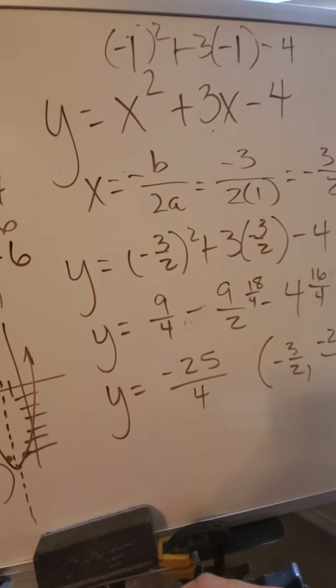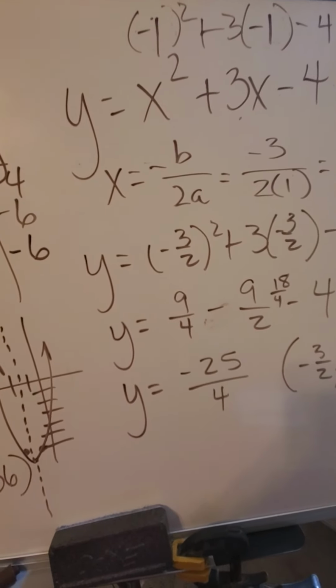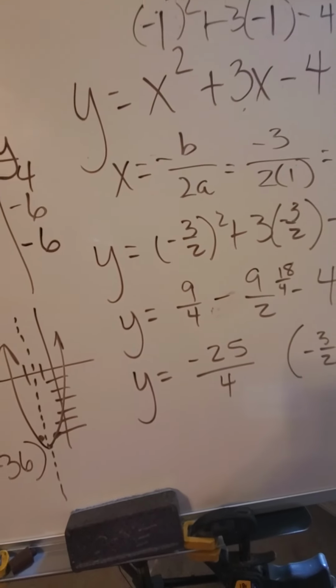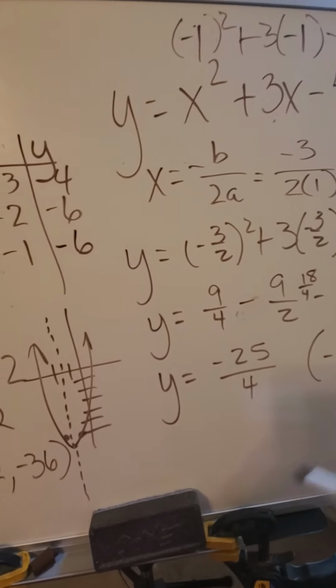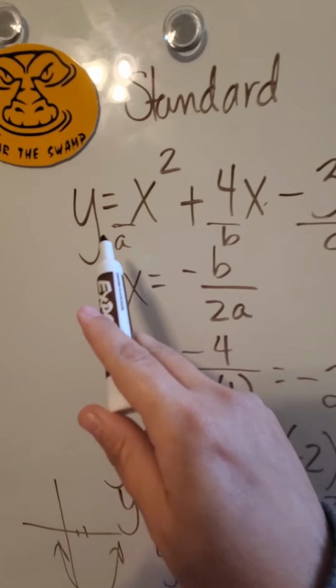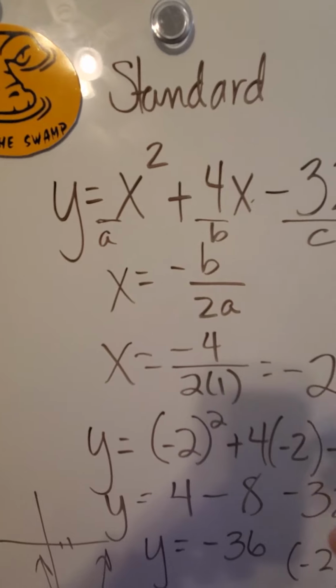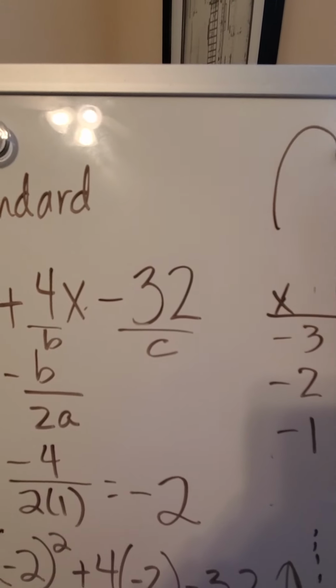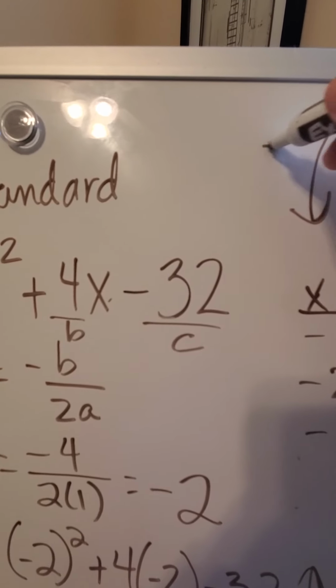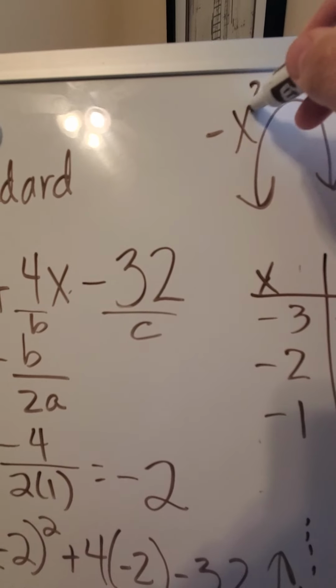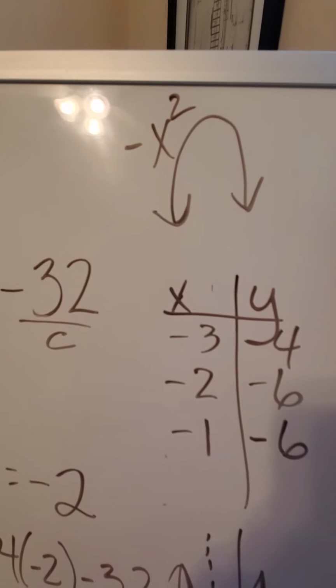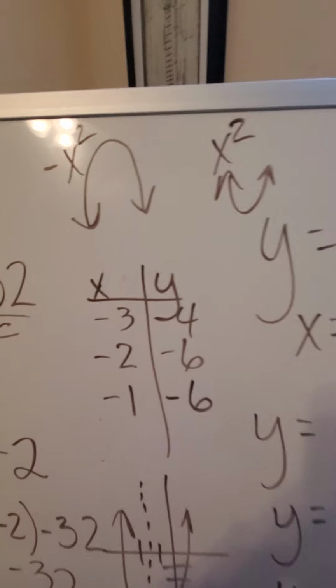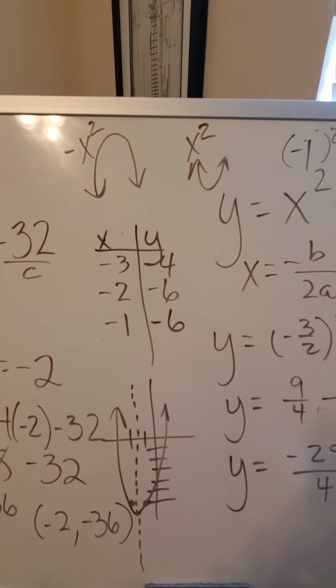As long as the parabola opens up or down, it's going to be whatever your x equals, okay? And if I change this to a negative, it'd flip the parabola upside down, right? That's if it's negative x squared. And if it's positive x squared, it opens up. That's pretty much the basics of quadratics.